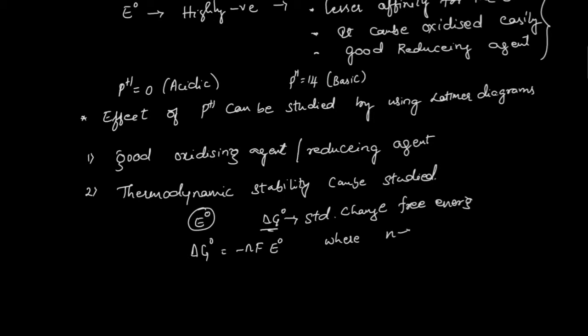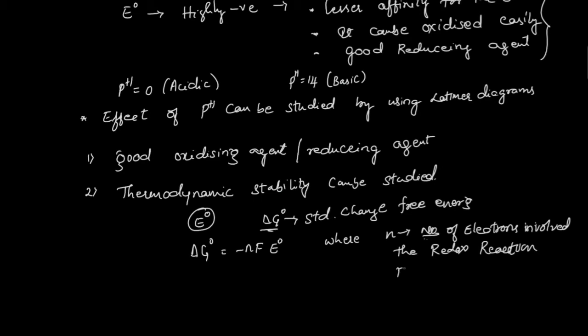where n is the number of electrons involved in the redox reaction, and F is Faraday's constant, which is equal to 96,500 coulomb per mole.